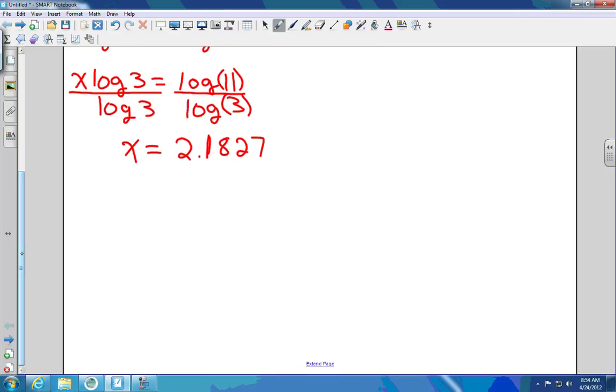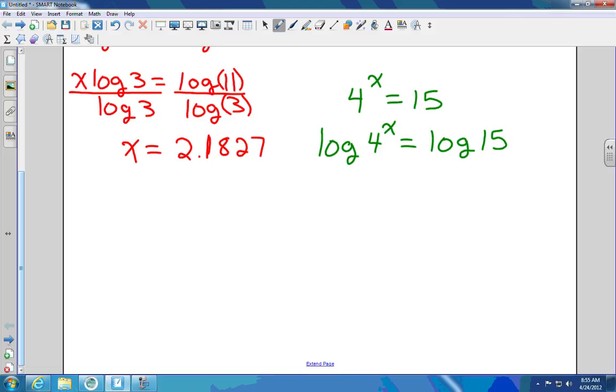4 to the x equals 15. So what would we expect this answer to be close to? 2, because 4 squared is 16, but obviously 15 isn't quite 16, so that's not going to be the answer. So we take the log of both sides again. Log 4 to the x equals log 15. Bring the x around.